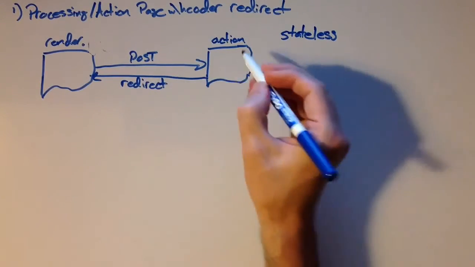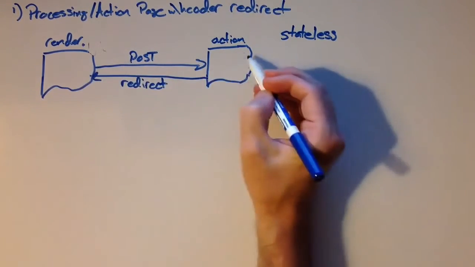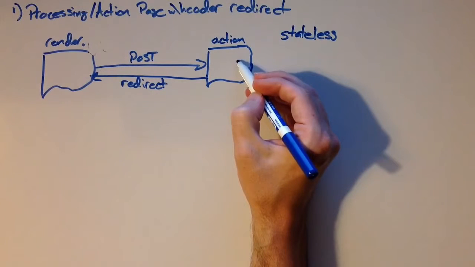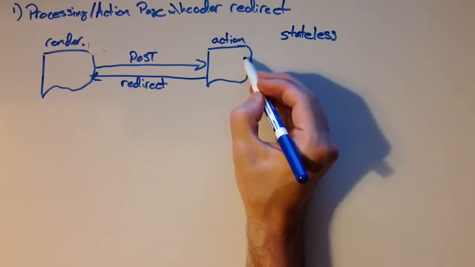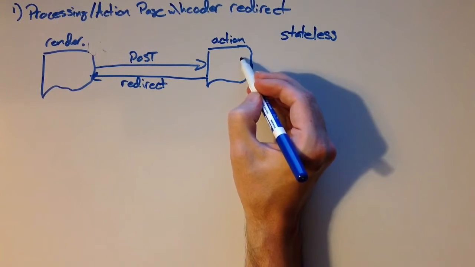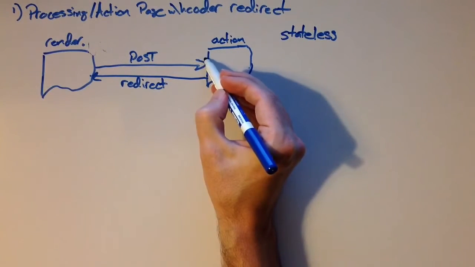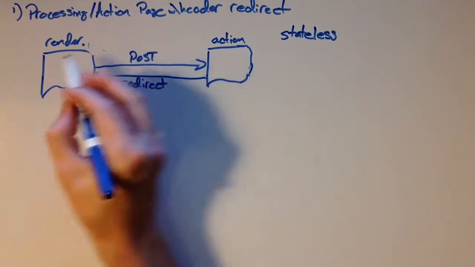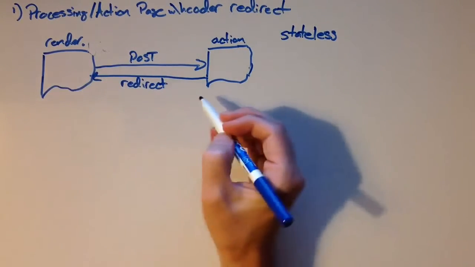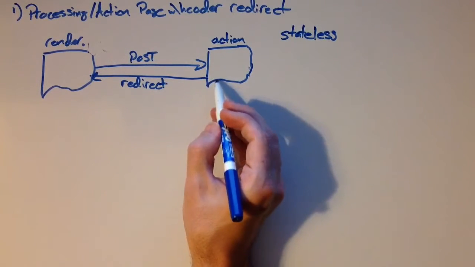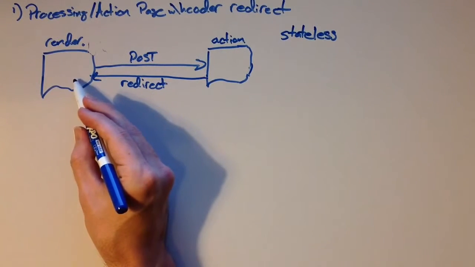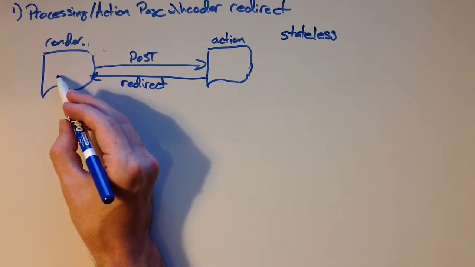If I go from render to action to do the database inserts, the only information I'm aware of is what was submitted to me in this post. When I go from action back to the render page with this redirect, that data doesn't come back to the render page, so I've lost what they typed in on the form.